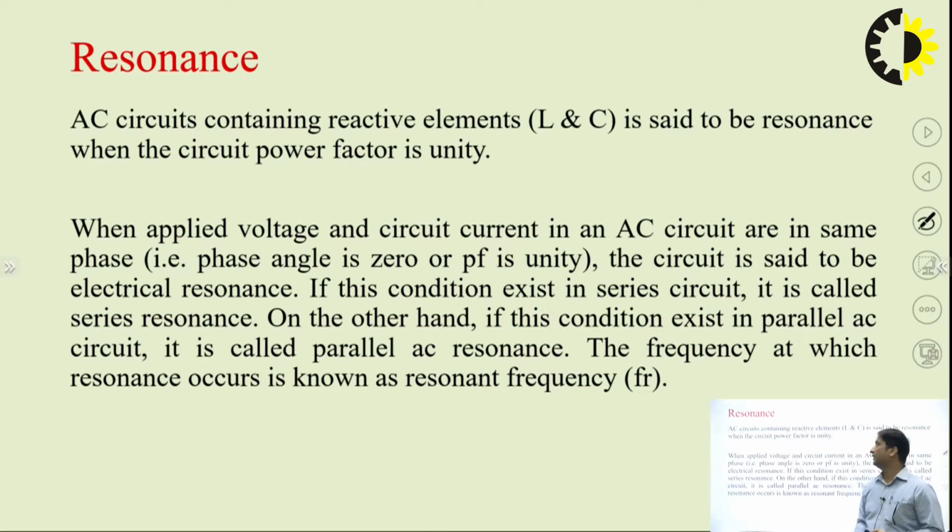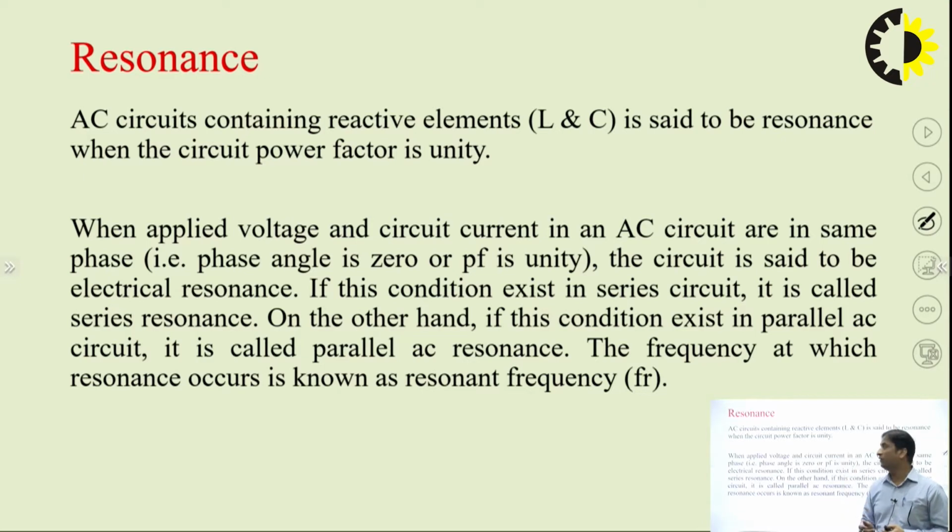In the AC circuits containing the reactive elements L and C, it is said to be a resonance when the circuit power factor is unity. Whenever resonance occurs in an AC circuit, the voltage and the current are in the same phase. That means the angle between the two is zero.